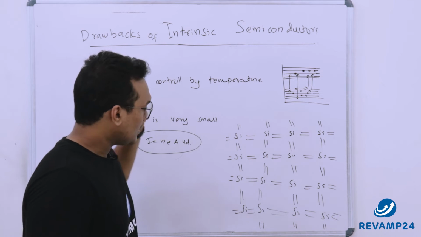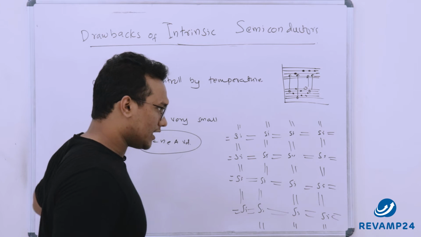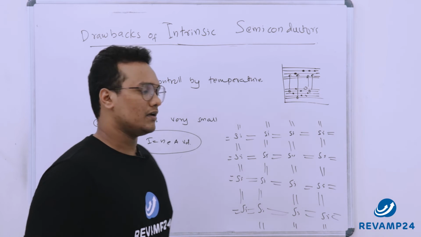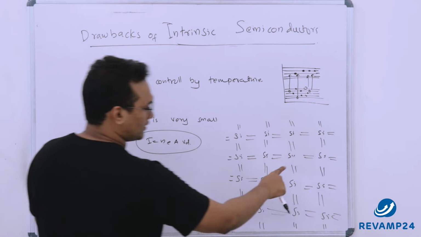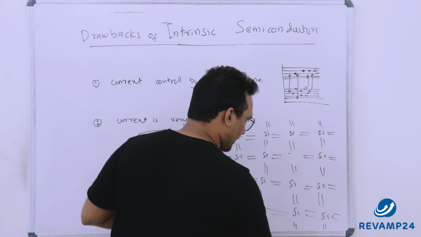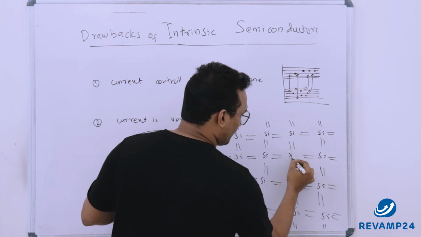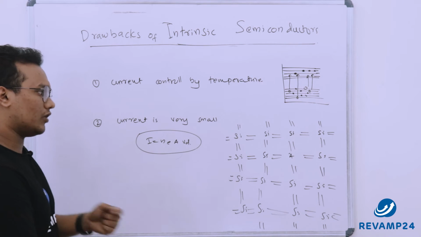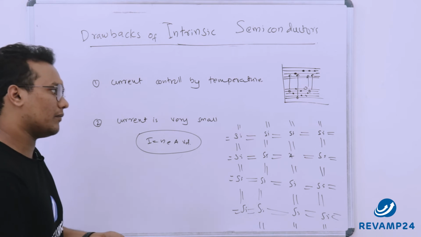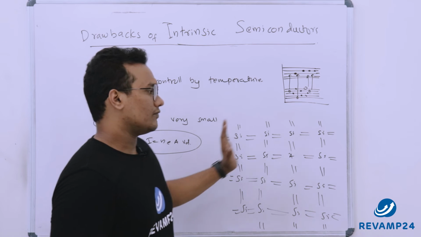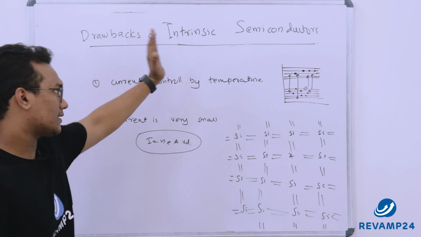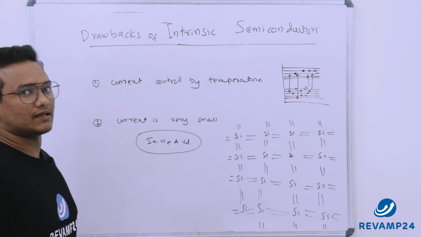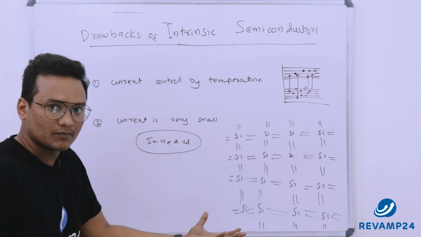Pure crystal means the entire crystal is made up of the same element. Now when we are adding different atoms, for example here I am going to add an aluminium atom and maybe a phosphorus atom or a different element, then this semiconductor changes from intrinsic semiconductor to extrinsic semiconductor, an impure semiconductor.